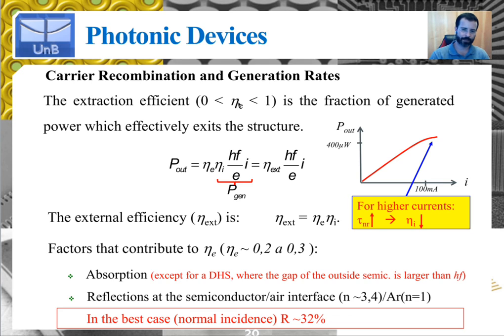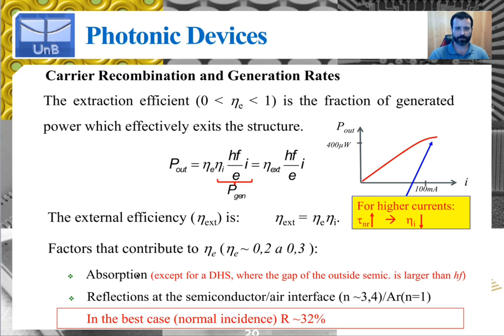So again, eta E is going to be 0 point something, a number between 0 and 1, and the factors that contribute to making it smaller than 1 are absorption.